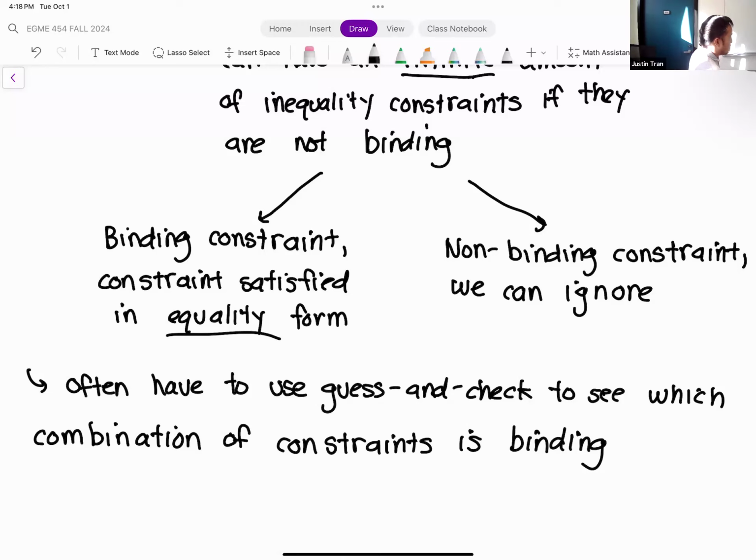The thing with these problems is that sometimes they can be very quick if you're able to guess very quickly which combination of constraints is binding. Sometimes these problems can take a really long time, because if you have a lot of inequality constraints and you're not sure which combination of 1, 2, or 3 of them are binding, you're probably going to be trying the problem a lot of different ways. So for that reason, the Kuhn-Tucker conditions are great in theory.